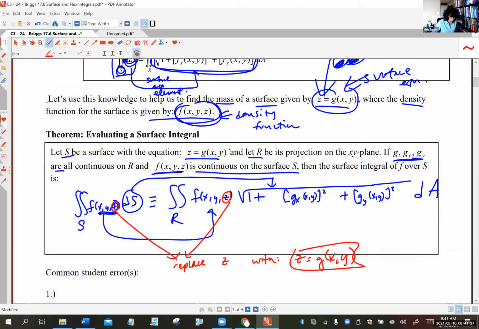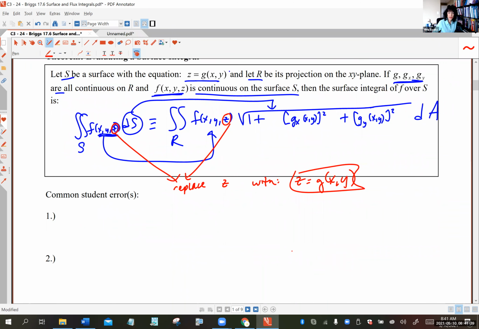Okay, now let's go over some common student errors, which you may go, oh yeah, I promise I won't do that. But you may forget what I'm going to write down here. When I grade these, especially on the final, these are worth a lot of points, and I see students making these common errors. One is they forget to replace the z with the g of x, y, which I just talked about.